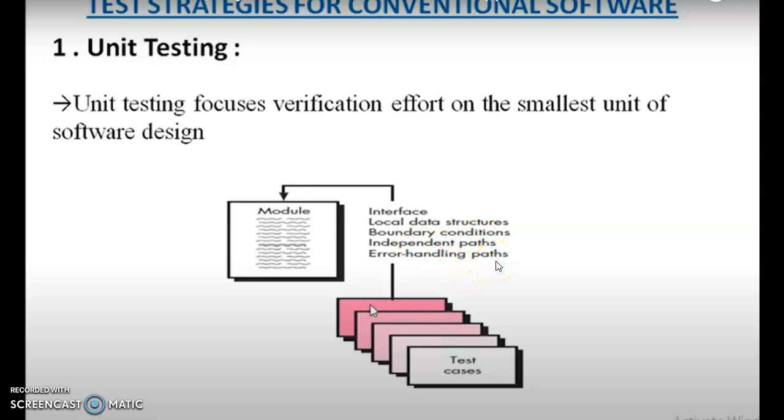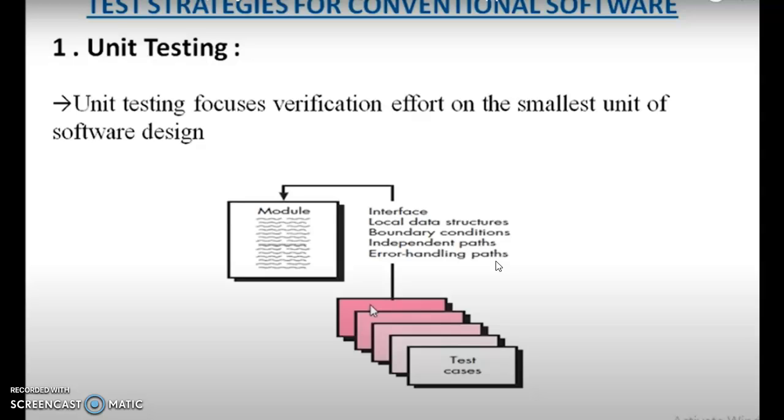First the interface is tested, then the local data structure. In the interface, the information properly flowing into and out of the program unit is tested, and the local data structures are examined. Boundary conditions are checked, and independent paths and error handling paths, everything is tested by using unit testing.